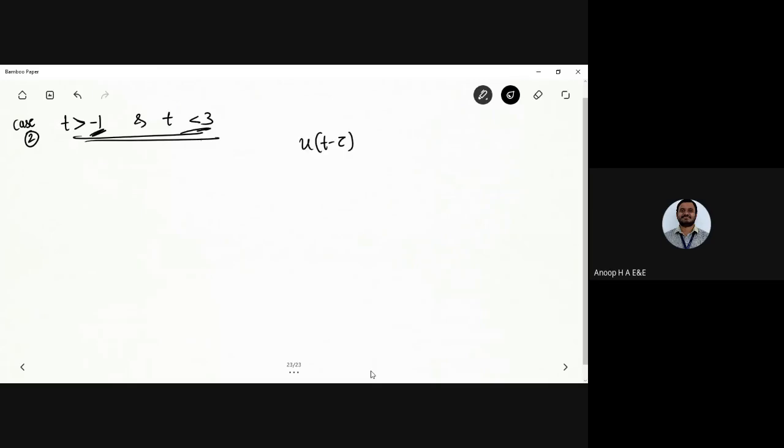You have to sketch the signal, then only you can get to know how the signal would look like. So this is u of t minus tau, and this one was x2 of t minus tau.